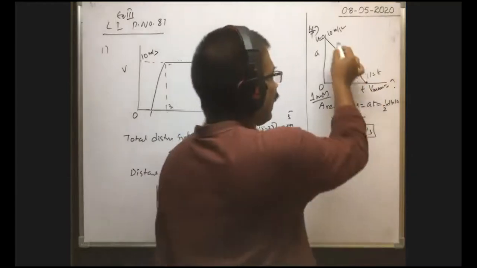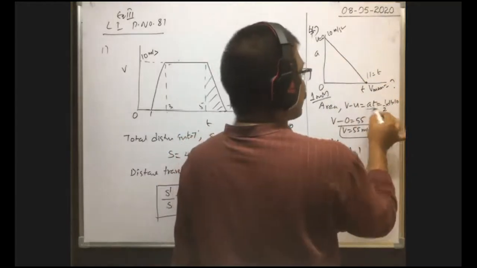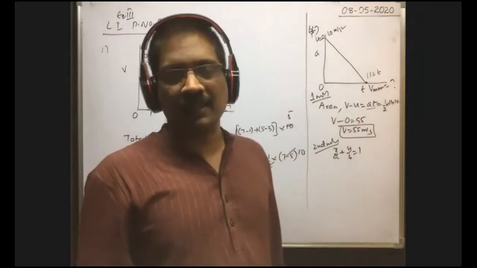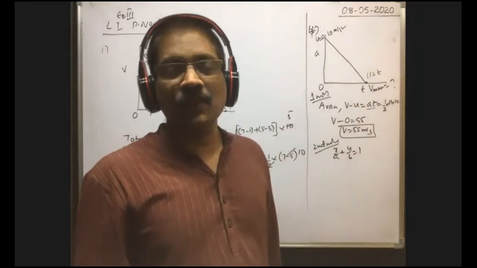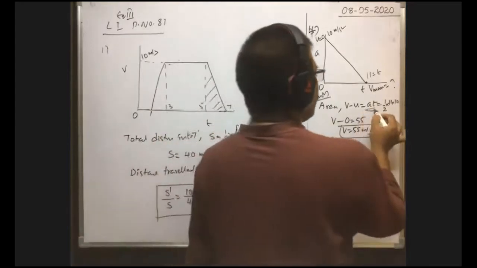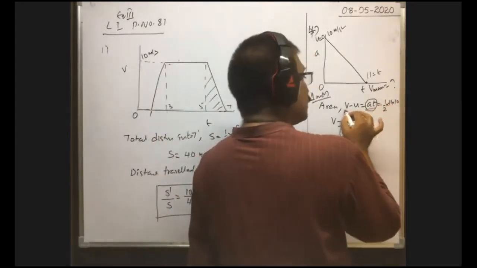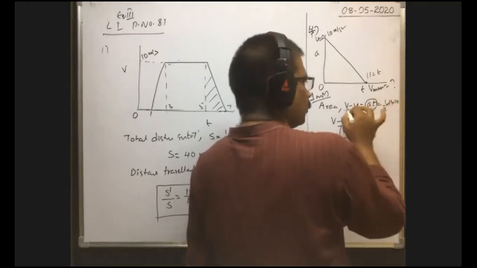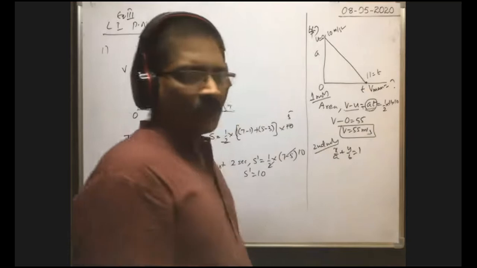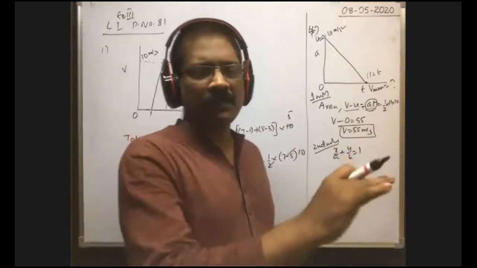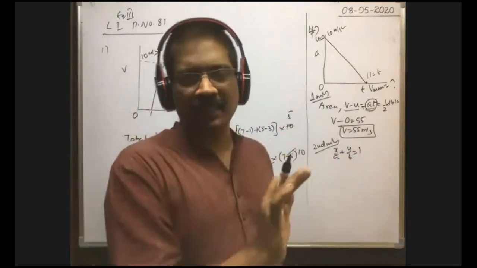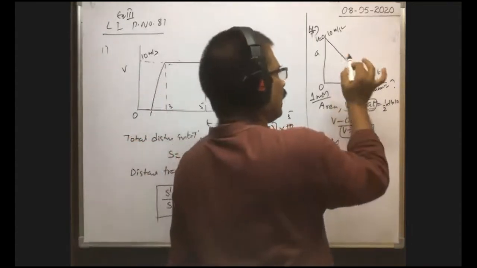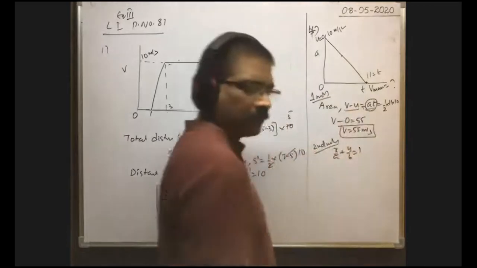But here the area under the a-t graph gives the total change in velocity, that is, final velocity minus initial velocity. That's all. At any instant of time, if you want to find the velocity, we cannot write like this.